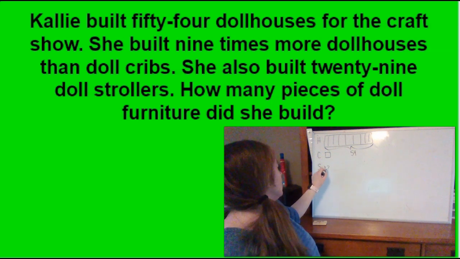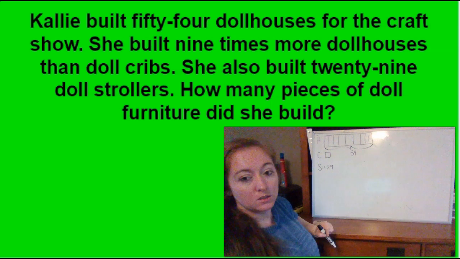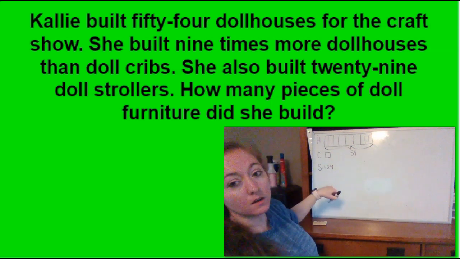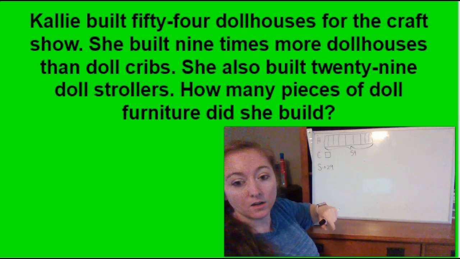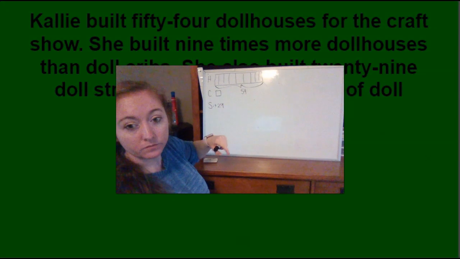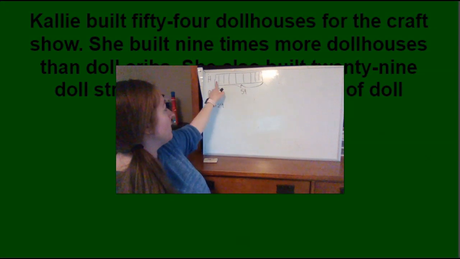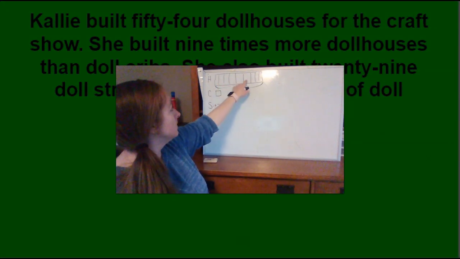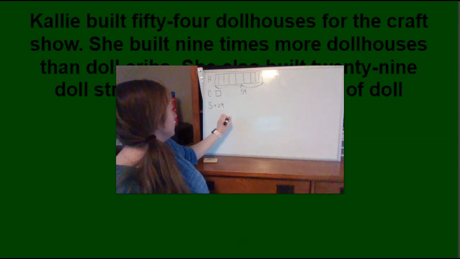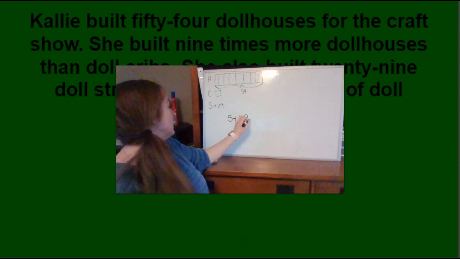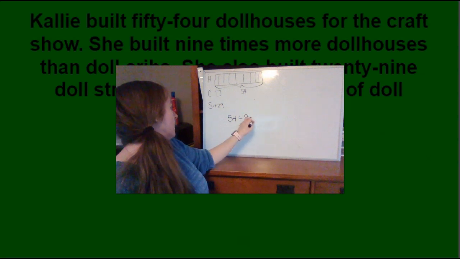She did 29. Okay, so in order to find out how many pieces all together, we need to figure out what our single unit will be. So our equation will be 54 divided by 9 equals some number.